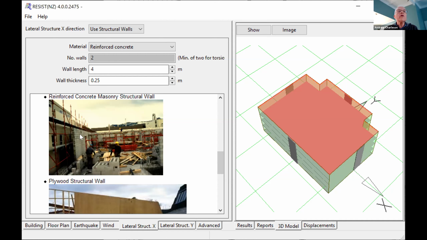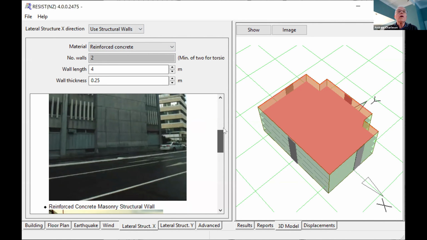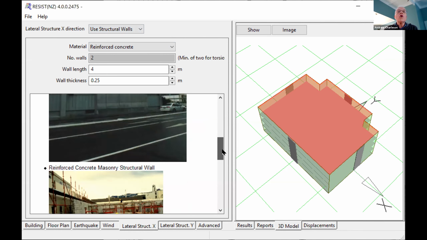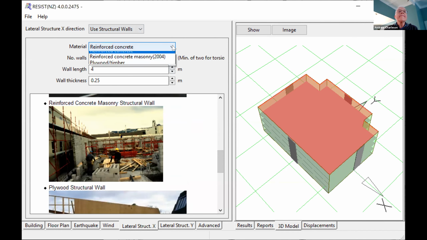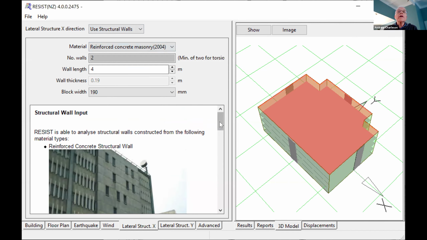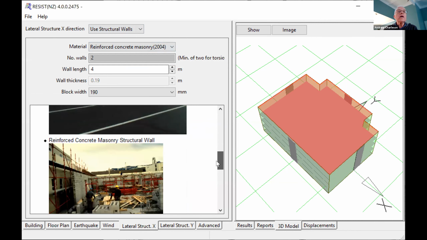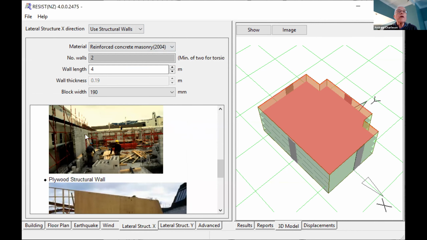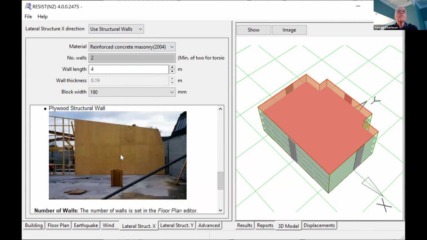If we go to shear walls, we can choose reinforced concrete, like that, or reinforced concrete masonry, which I think is rather rare in Indonesia, but it's like concrete blocks with reinforcement. Or if you're designing a timber building, you could use plywood shear walls, say for a low-rise timber building.